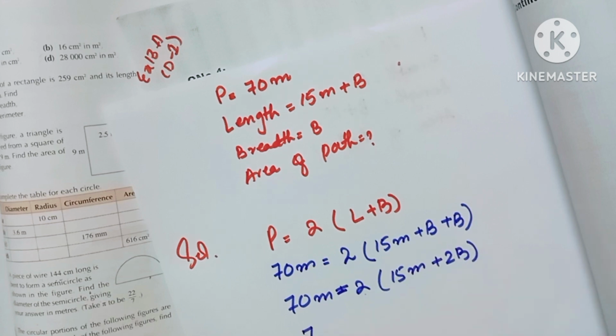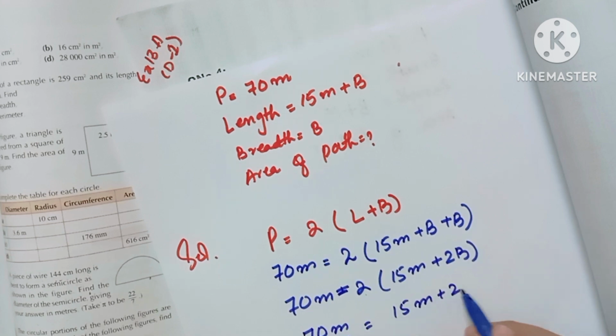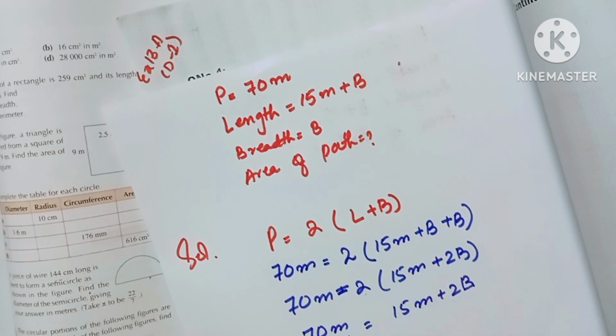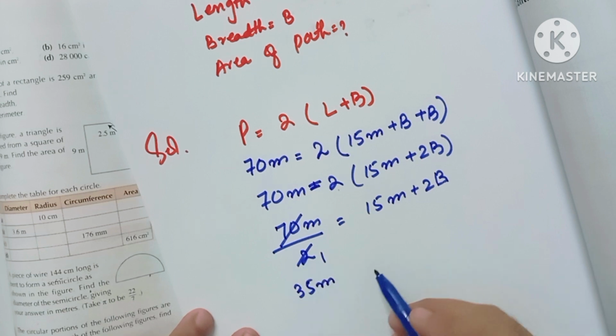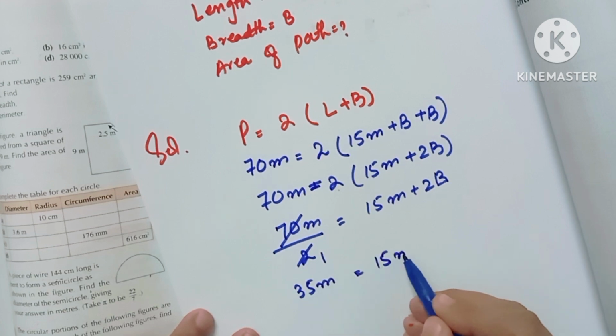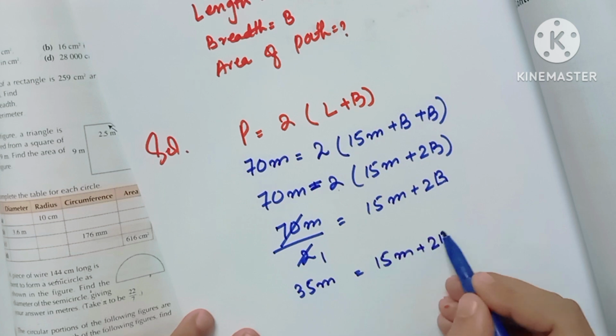This 2 can be shifted here to make itself a divisor. Then it will be 15 plus 2B. 2 times 35 is 70, and that is 15 plus 2B.